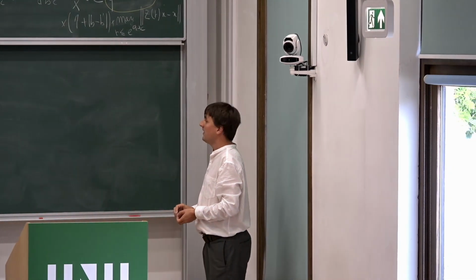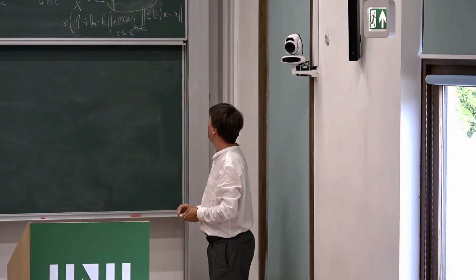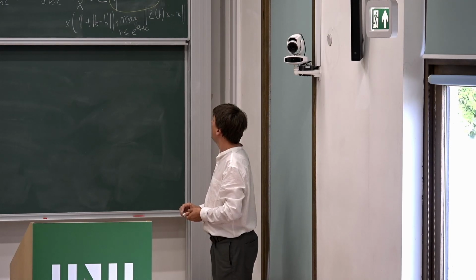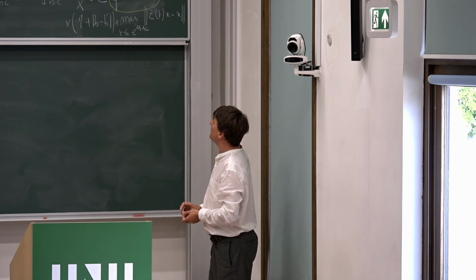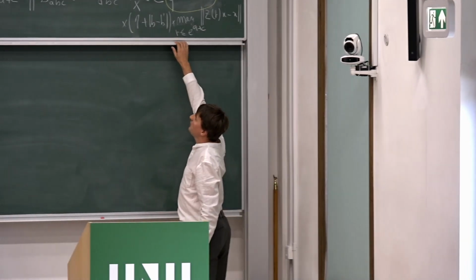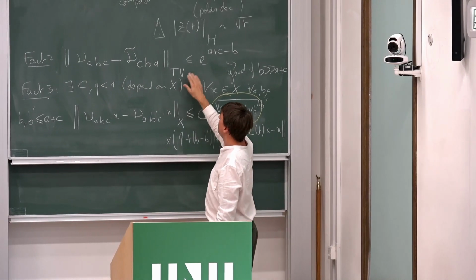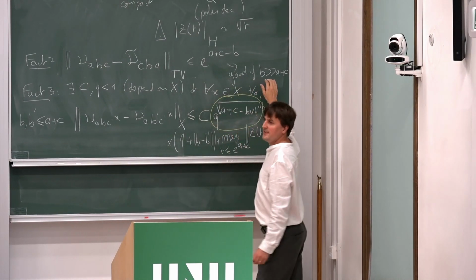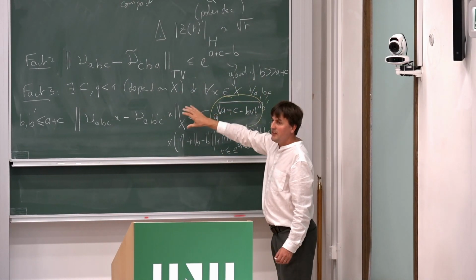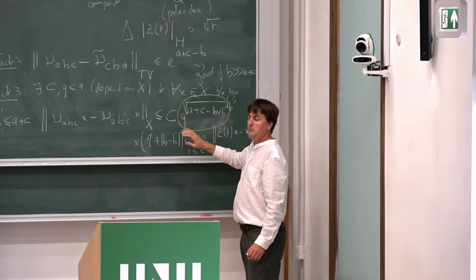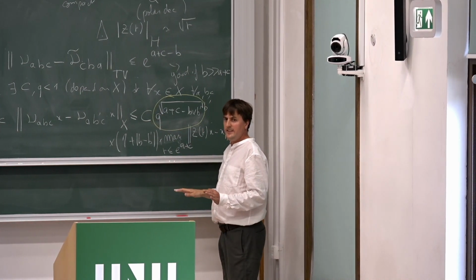Okay? So you said the inequality is good if b is large, and then you use it for b small. Okay, so actually I have two inequalities. The fact 2 is one inequality that is good when b is large. The second inequality is good when b is small. And indeed, that's a problem.